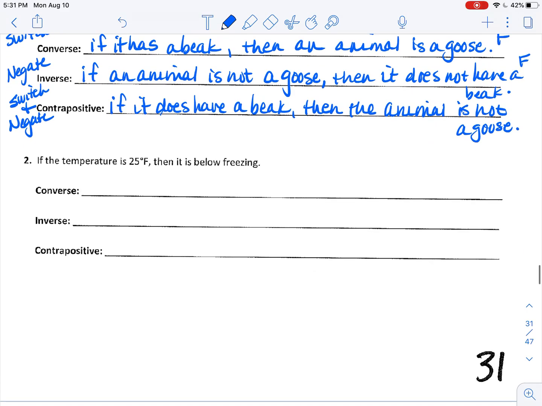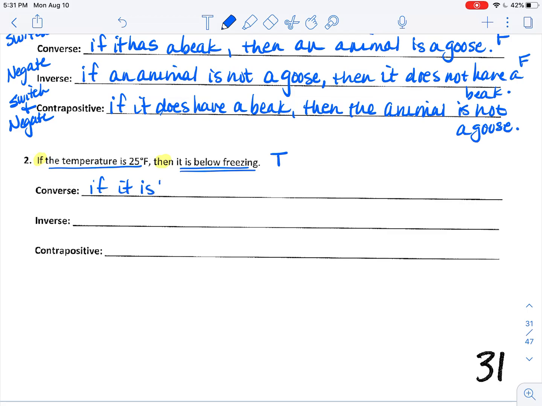Let's take a look at number 2. If the temperature is 25 degrees Fahrenheit, then it's below freezing. Well, that's true. Let's go ahead and identify the hypothesis and the conclusion. And for the converse, let's switch.